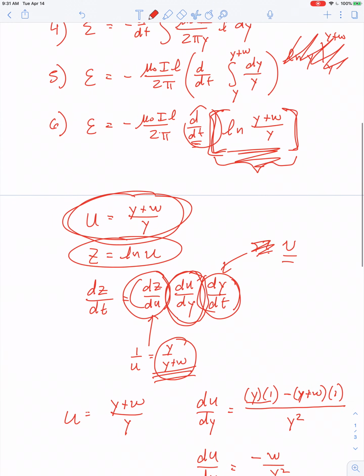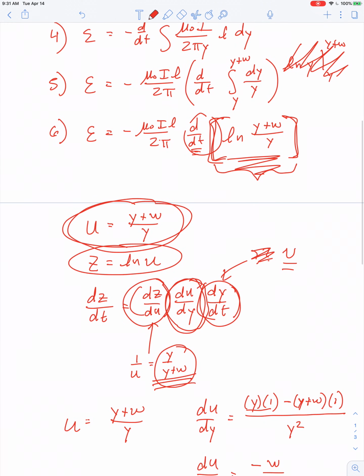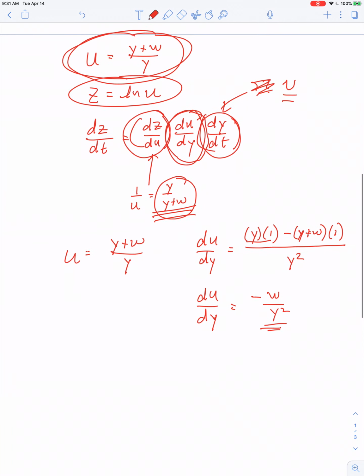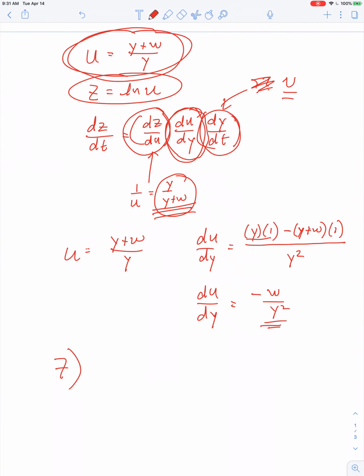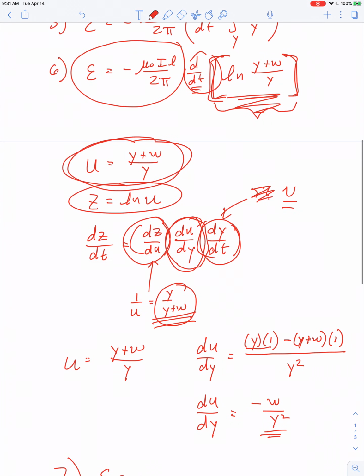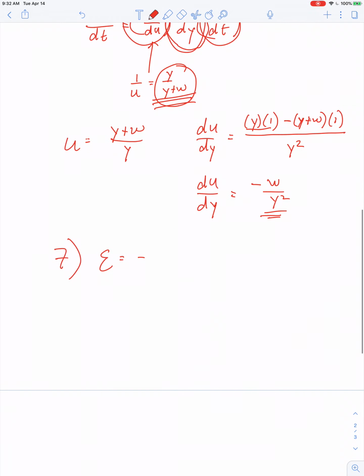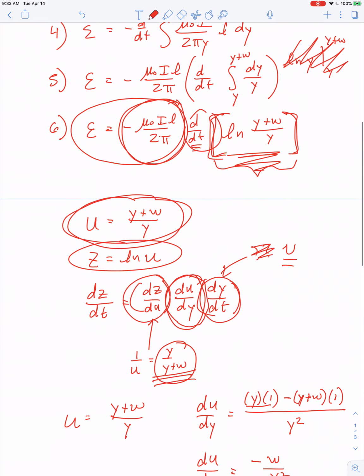So let's see. Step 7. All right, we've got all this. Our induced voltage is negative μ₀IL over 2π, and then this is all dz/dt.